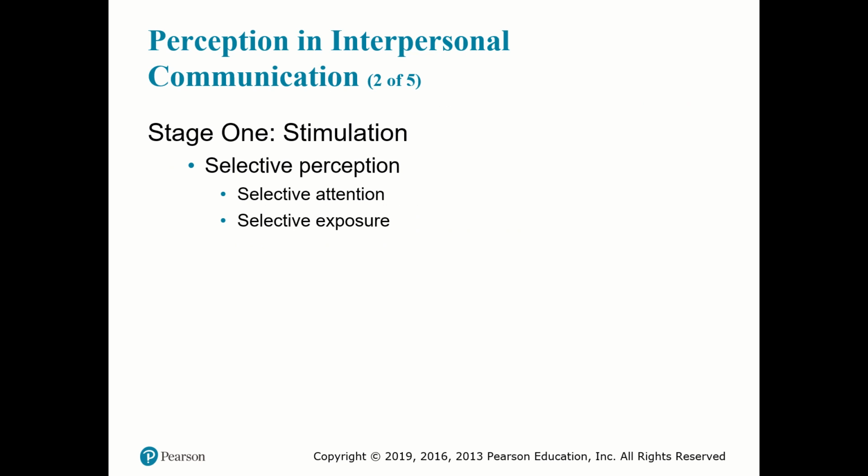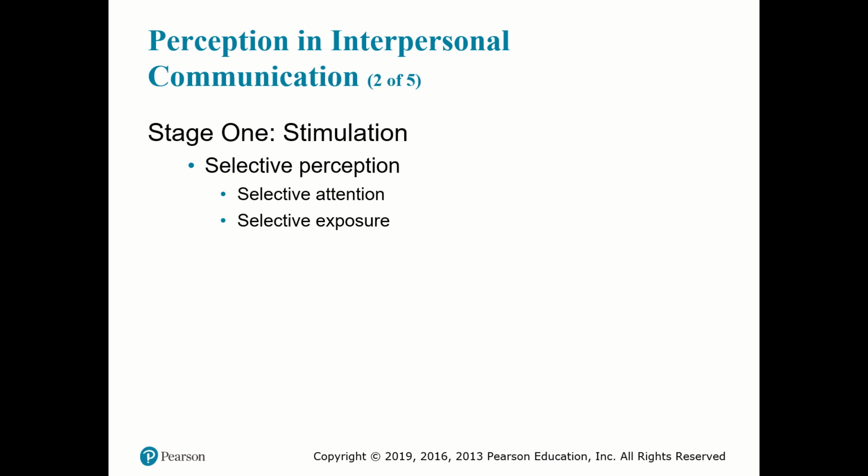We have a concept called selective perception. Now, selective perception is an interesting concept. Perhaps you've been accused of selective hearing. Well, that's a similar concept. It's the idea that we pay attention to certain things and we ignore others. Selective perception is made up of two parts.